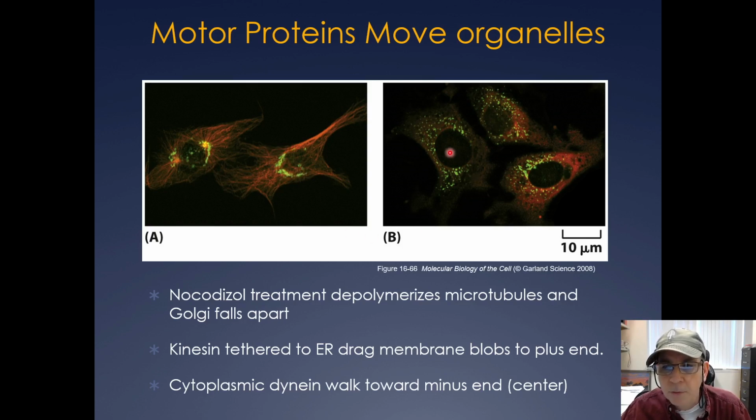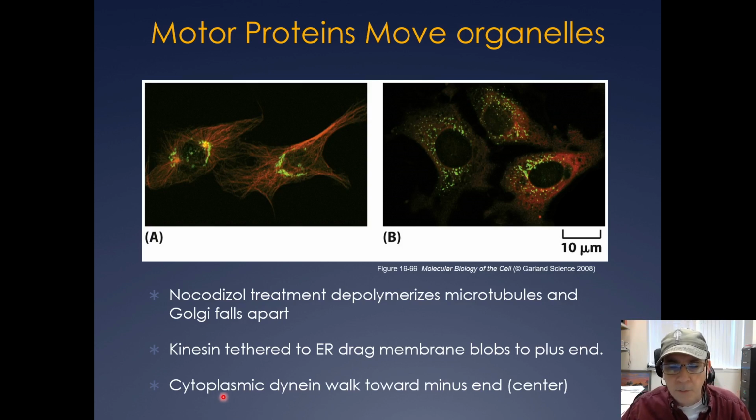When you depolymerize the microtubules with nocodazole, the Golgi falls apart and breaks into small vesicles. We'll see when we cover the secretory pathway that kinesins are tethered to the Golgi, the ER, and the vesicular tubular clusters, and they drag ER membrane blobs to the plus end.